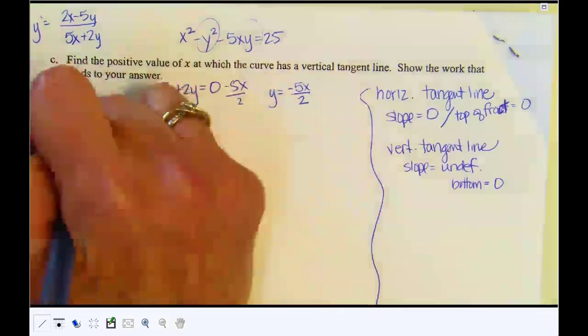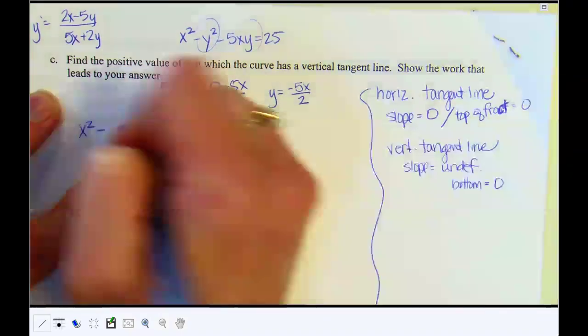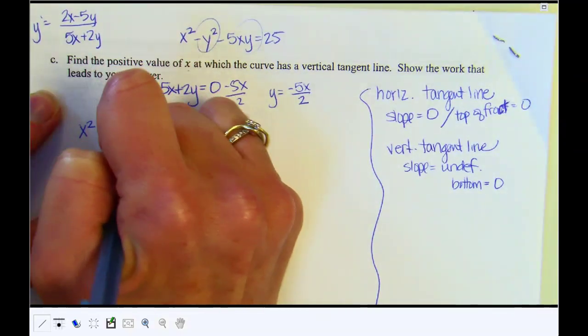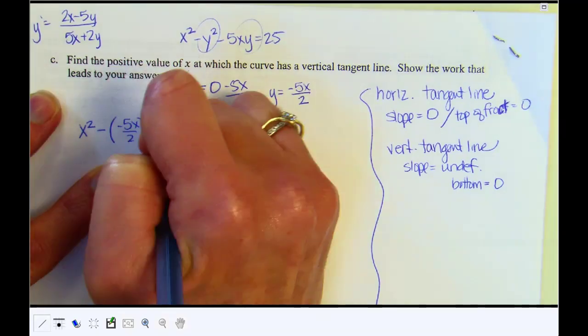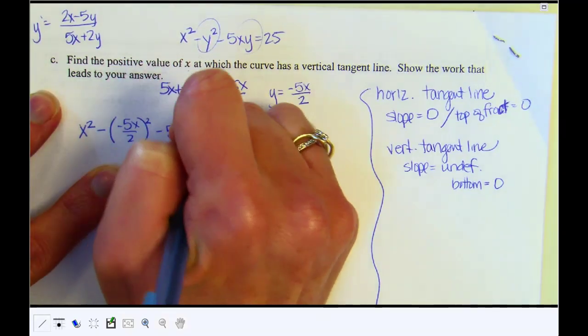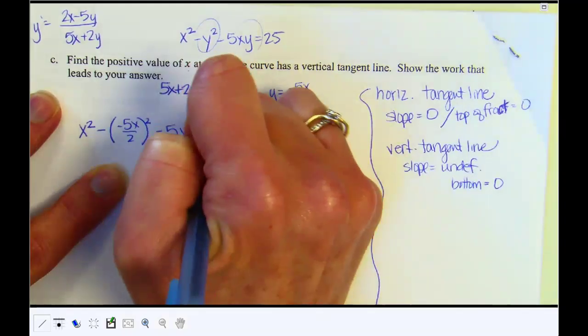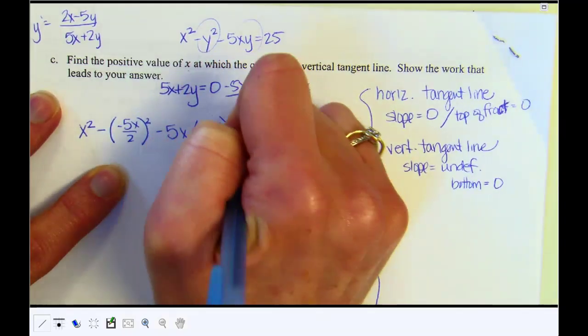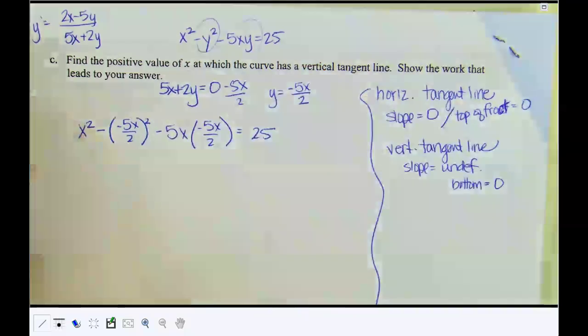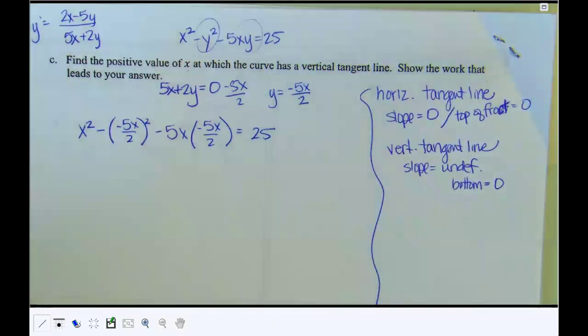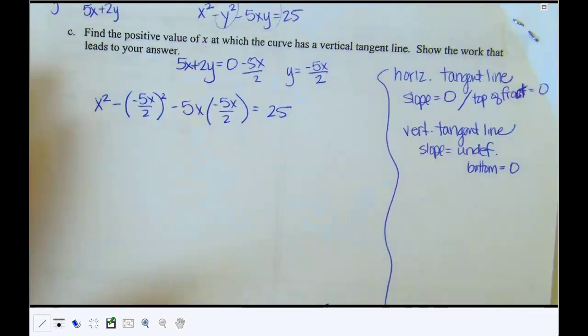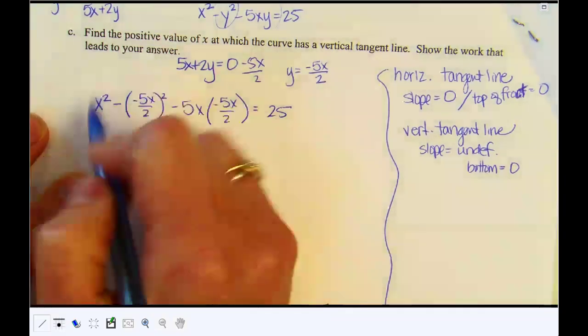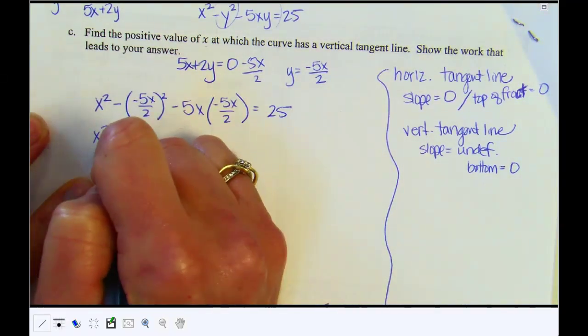So we've got x squared minus negative 5x over 2 squared minus 5x times that nasty thing equals 25. Okay, so let me remind you, when you square a fraction, you square the top and the bottom.